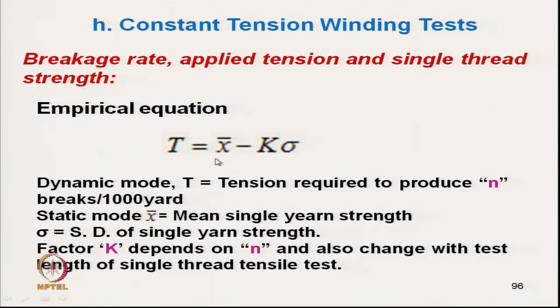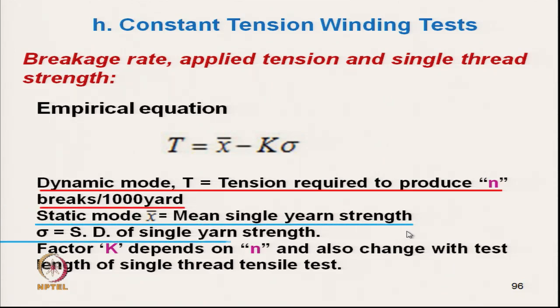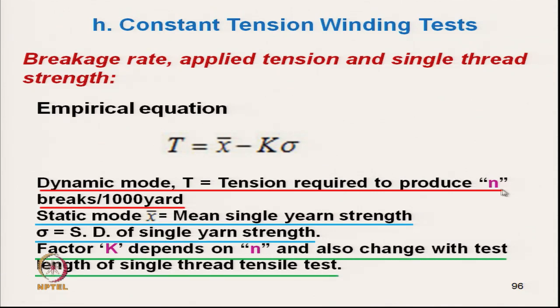So, this K value depends on both: in static mode it is the test length, the gauge length, and in dynamic mode it depends on the number of breaks. So, the K value changes, but as per Brit, this gives one relationship between static and dynamic.